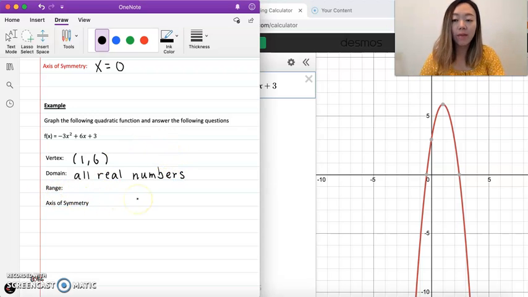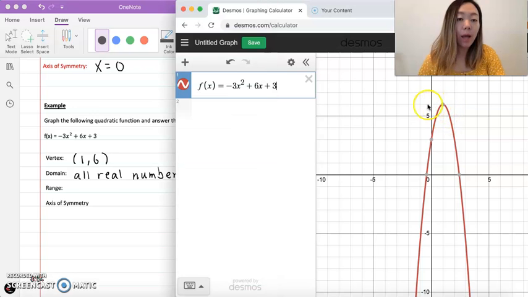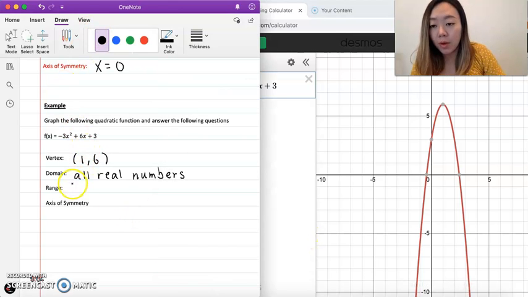Range is the y values that your graph covers. Here in this case, the highest point is at 6, and then our graph goes down forever. So then we say our y values are less than or equal to positive 6.